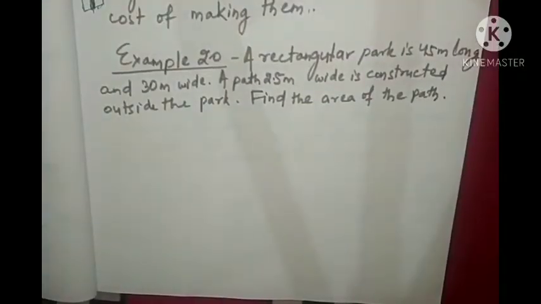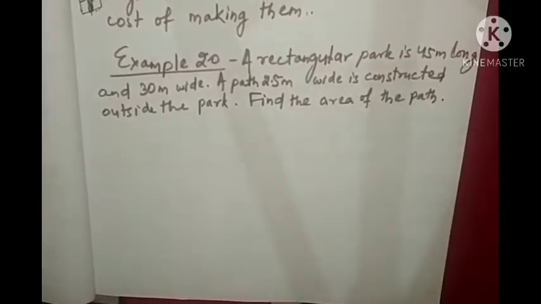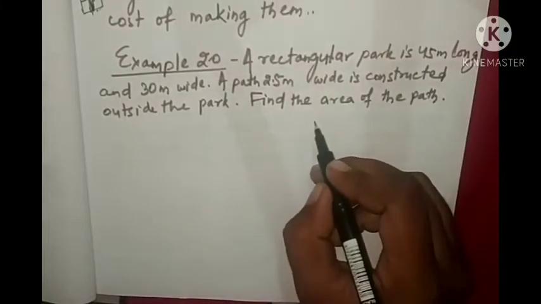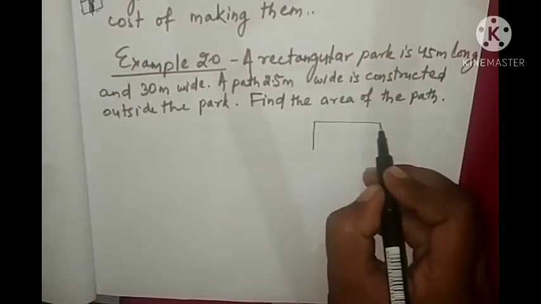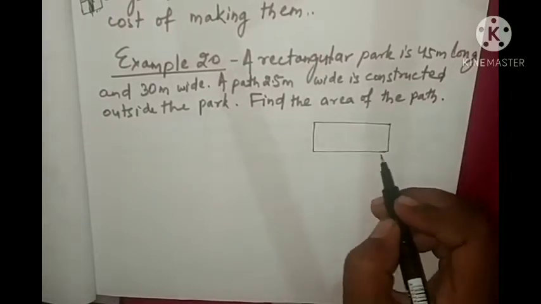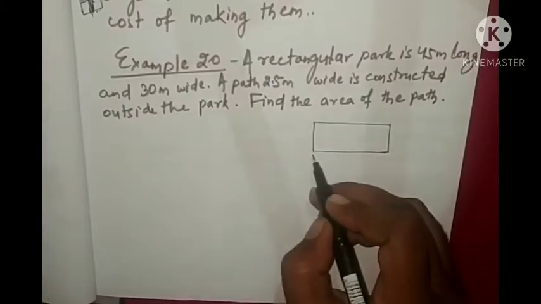Example 20: a rectangular park is 45 meter long and 30 meter wide. Every time you need to make a rough picture where you are doing the solution. So let this be a rectangular park.